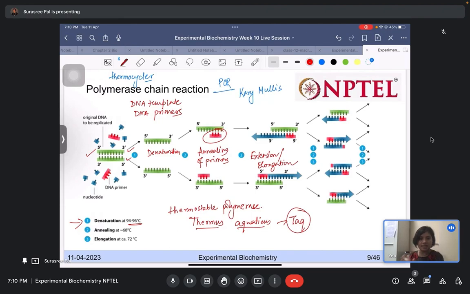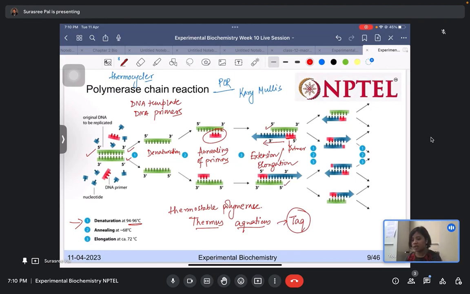The polymerase will begin its function. It will polymerize the complementary strand of the DNA from this primer. The primer provides a 3' hydroxyl end, from which end the polymerase starts elongating the complementary strand to this template strand.